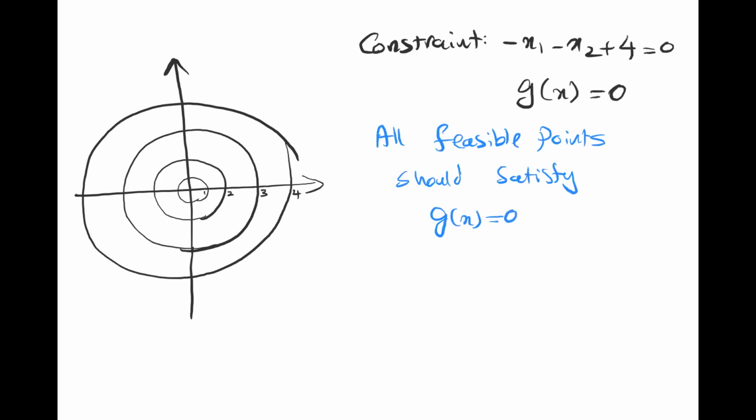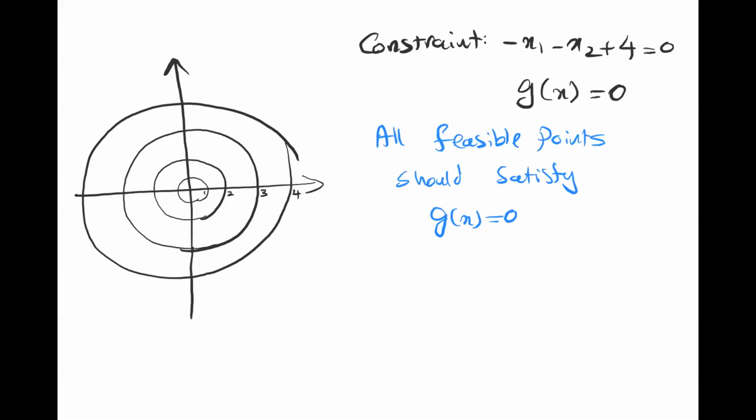All right, so let's try to draw g of x is equal to 0. At some point, it's going to be adjacent to our function. Say there is another circle somewhere here. For g of x, if we select x1 to be 0, x2 is going to be 4.